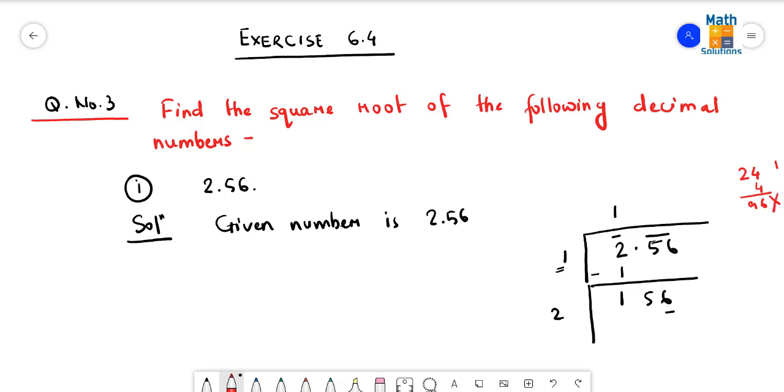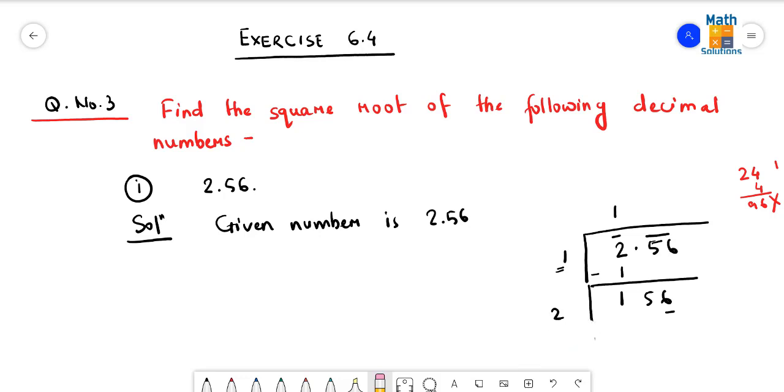So there is only one way out, that is 6. If I place 6 here, let us check. 6 6s are 36, 3 left, then 6 2s are 12 plus 3, it will be 15. So here the answer could be obtained. So nothing but 6 I have to place here along with 2.